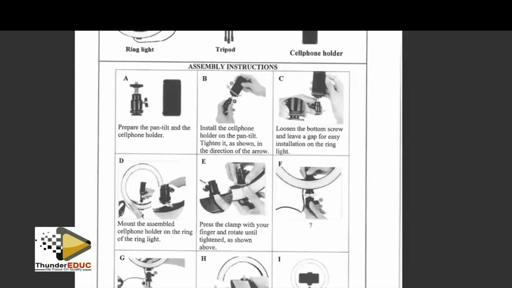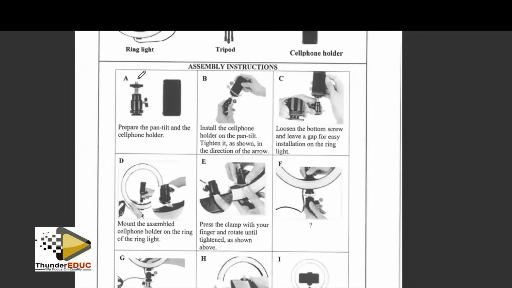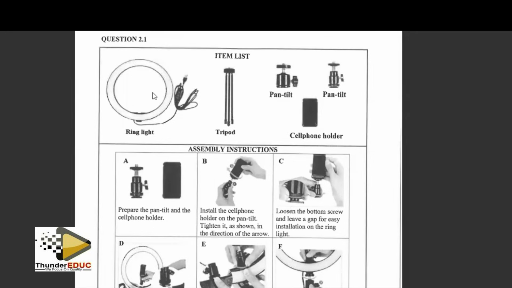All right, let's go to the questions. Tell me the total number of items needed to assemble the ring light. We go there and we count them. Here we have 1, 2, 3, 4, 5.